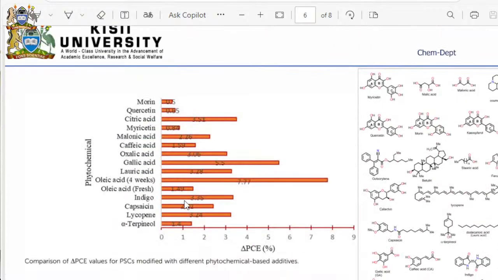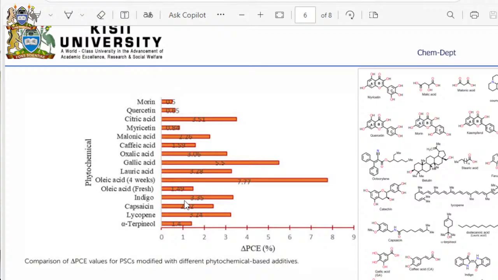So what we did is sift through materials that have been reported so far. We went through several databases to extract some of the natural products. You can see there are very few compounds that have been explored, mostly in the flavonoid class of natural products.